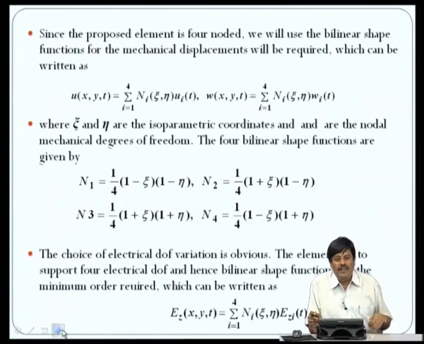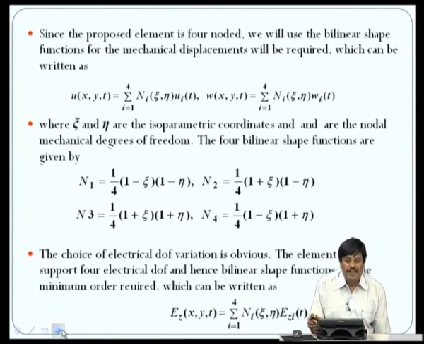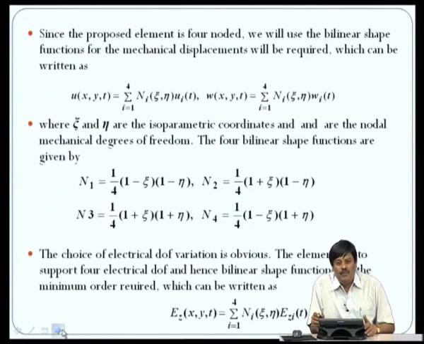Now we need to assume the variation for the 2 mechanical degrees of freedom, that is u and w here, and the electrical degrees of freedom. The mechanical degrees of freedom are assumed exactly the way we did for the conventional mechanical structure.